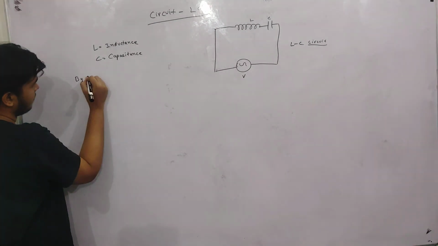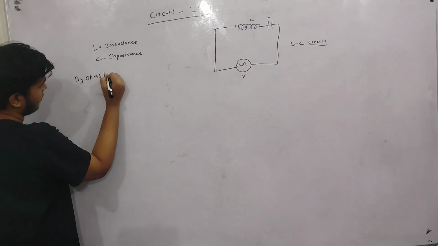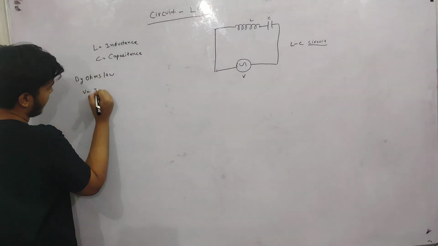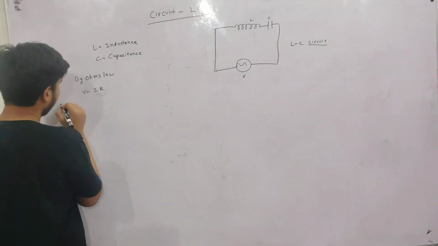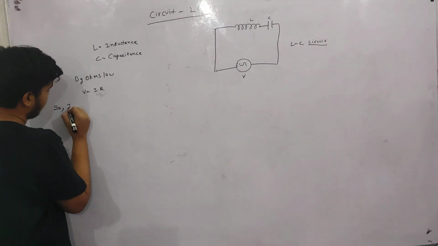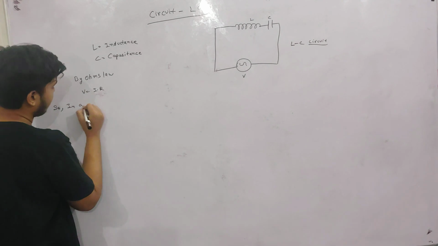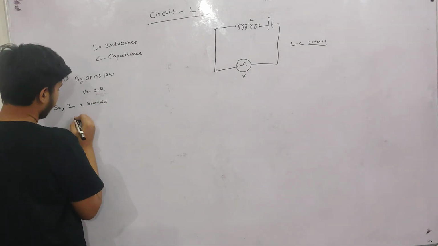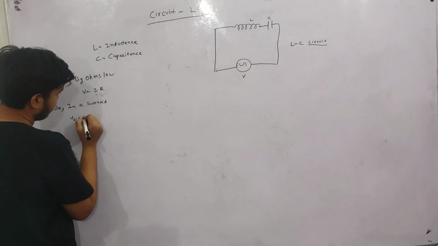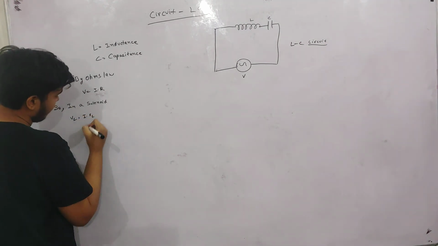We know that by Ohm's law, V equals IR, current into resistance. So in a solenoid, VL equals I into XL.